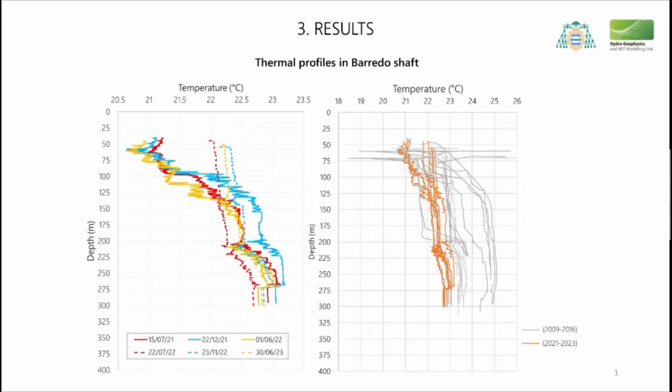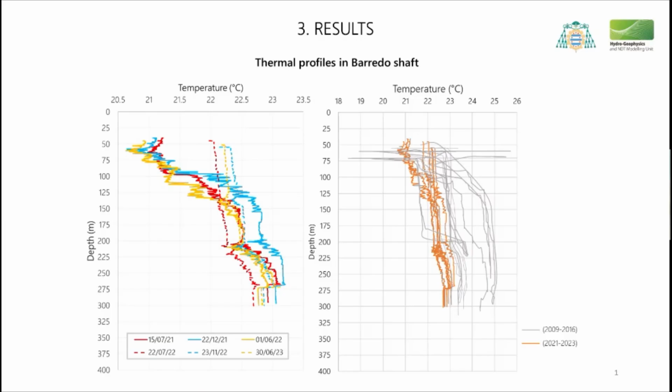If we focus on one specific example, the Barredo shaft, we can see several profiles taken in that place. On the left, the temperature profiles obtained during our measurement campaigns, we observed two distinct behaviors, which are likely related to pumping conditions, as different pumps may be operating at different times or with different flow rates.